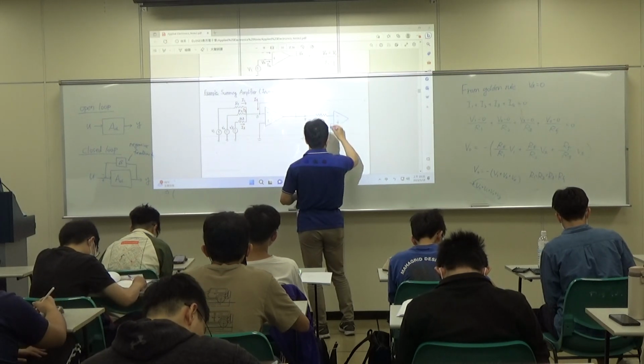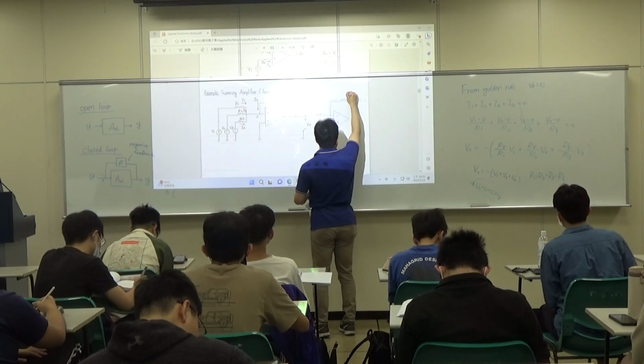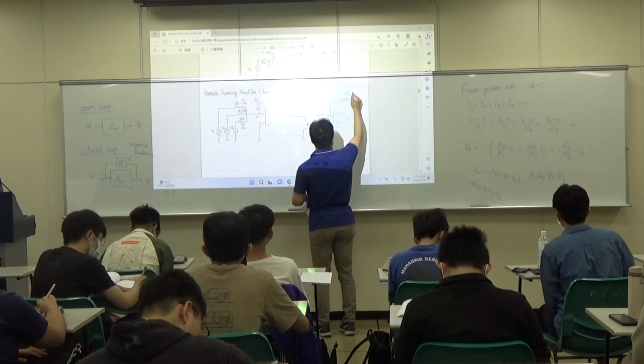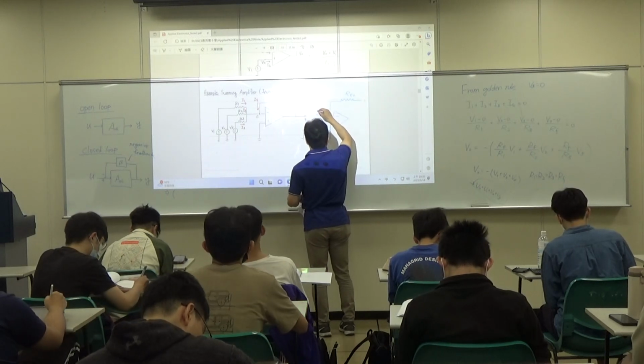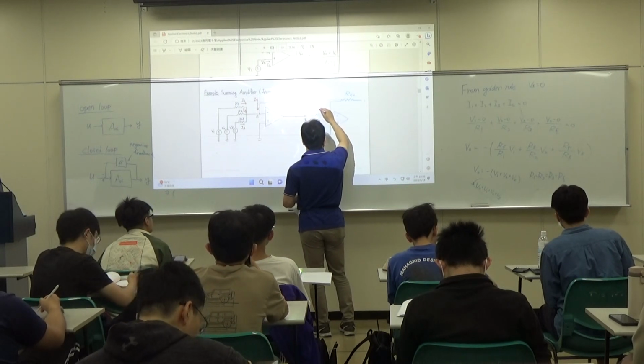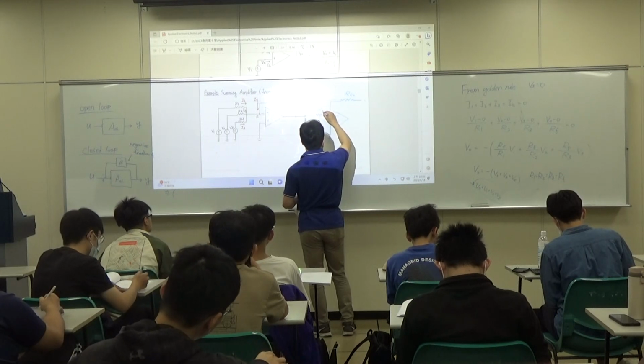This is ground. This is RF, maybe RF2. This is R, maybe R4.